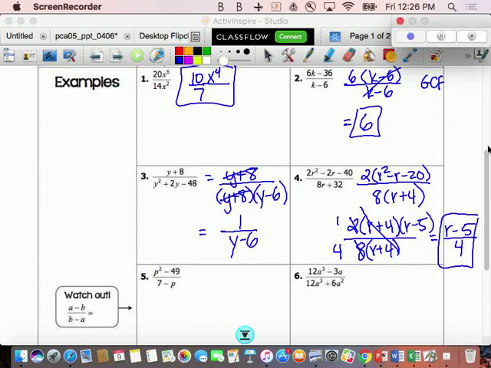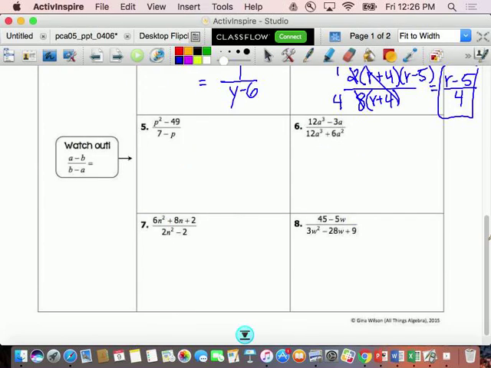Questions? All right, so there's a little tricky business when we get down to one like number 5. Let's just start it like normal. P squared minus 49. How do we factor that? Difference of squares, which means you take the square roots and you put a plus and a minus in between those square roots.